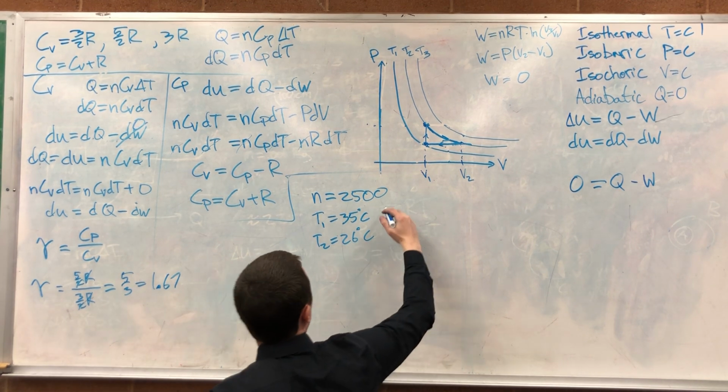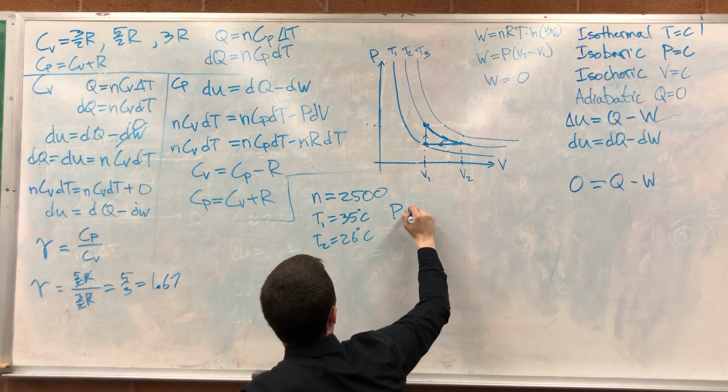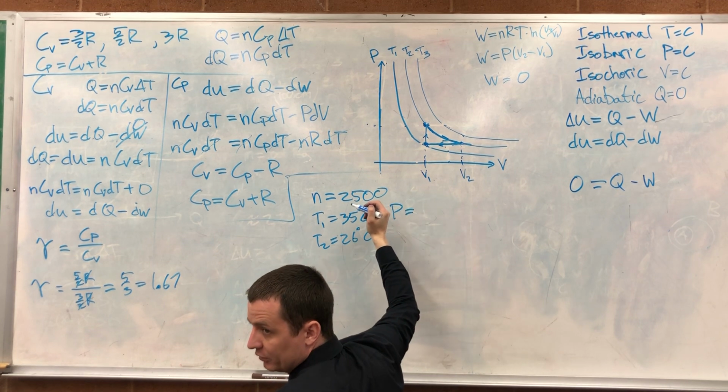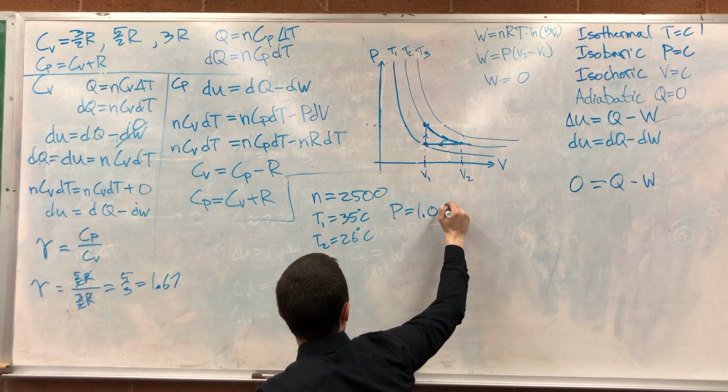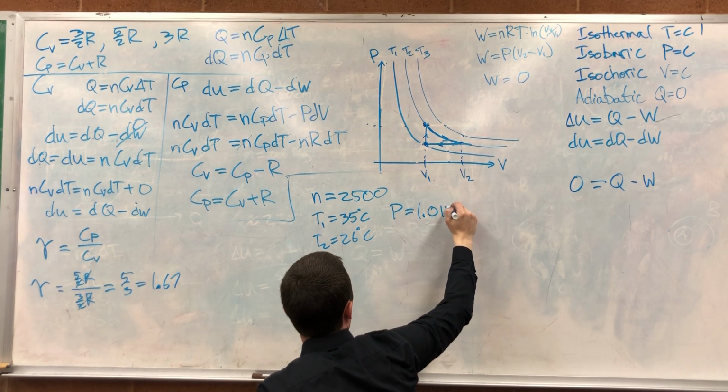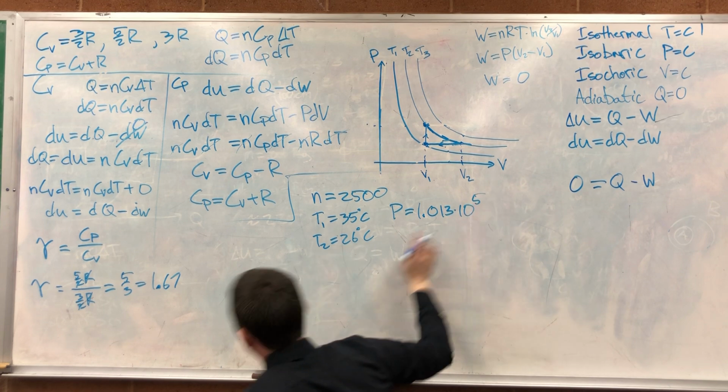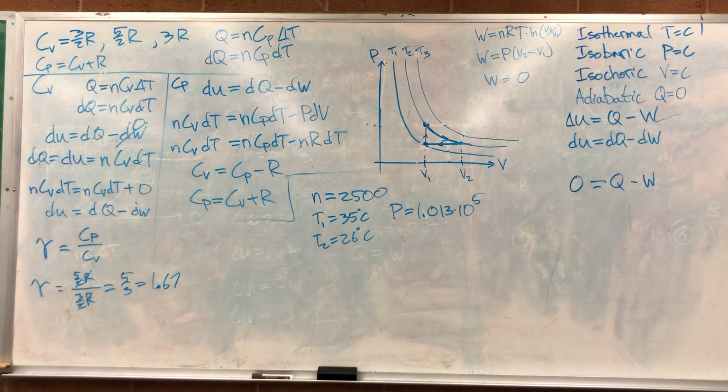Obviously, the pressure in our room, both before and after, so I'll just say P instead of P1, P2, is 1 atmosphere, which is, do we remember how many pascals? 1.013 times 10 to the 5. I don't see where he converts it, so we'll come back to that as needed.